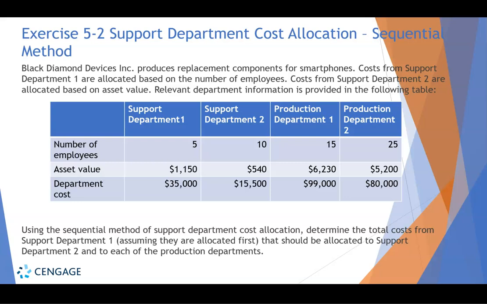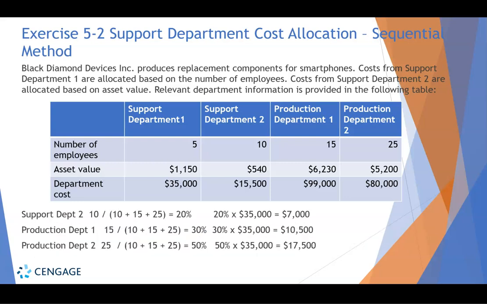So we know exactly how many employees are in the 2 support departments and 2 production departments. We have the asset value and the department costs. Using the sequential method of support department cost allocation, determine the total cost from support department 1, assuming they're allocated first, to support department 2 and then to the production departments.